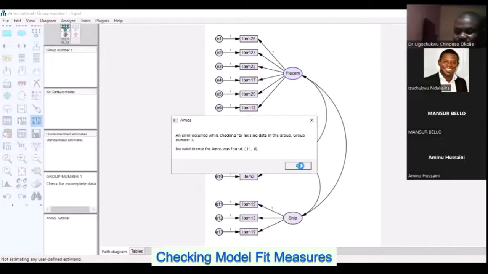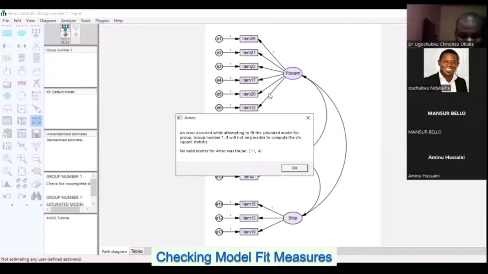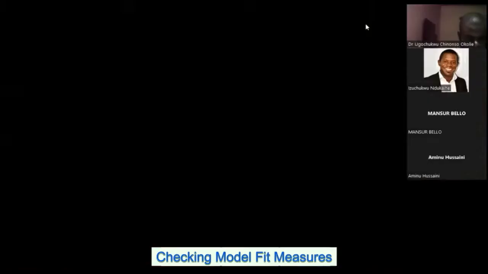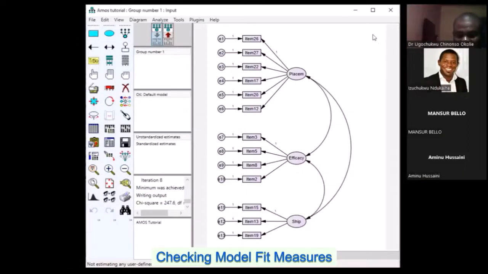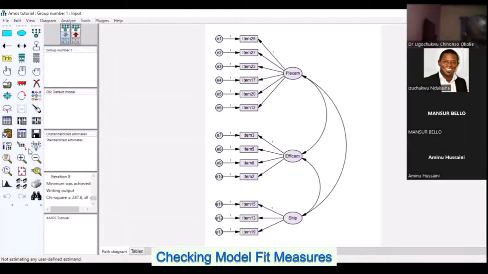Okay, so what we'll do is we'll close AMOS. Okay, so this is the AMOS, and I hope we can see the screen now, right? And so the AMOS runs. This is where you click, calculate estimate.